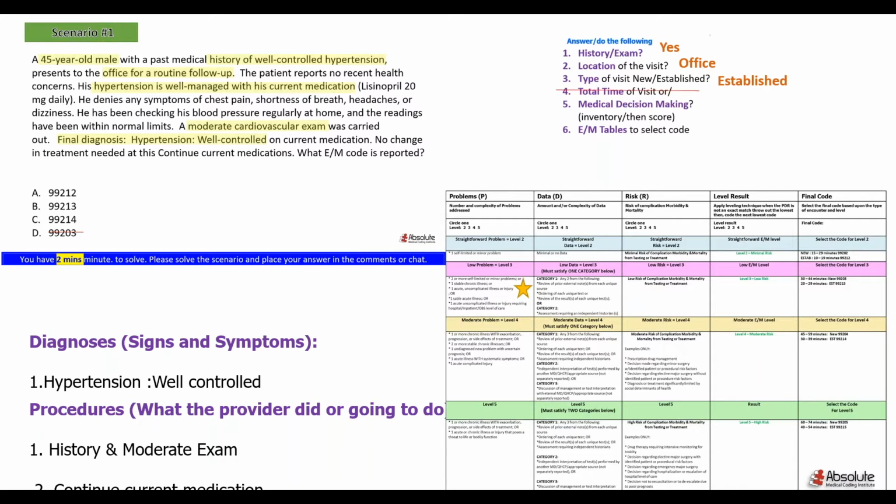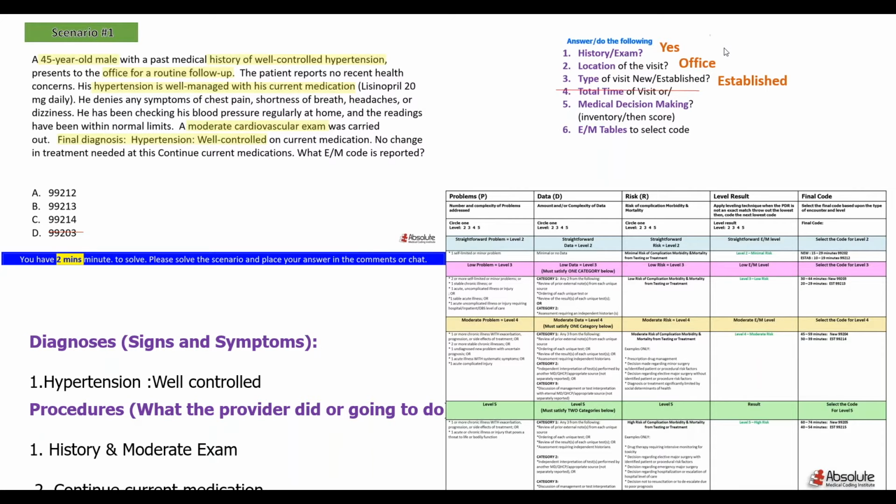So where do you think, coders, it falls in the problem column? Someone is saying low.